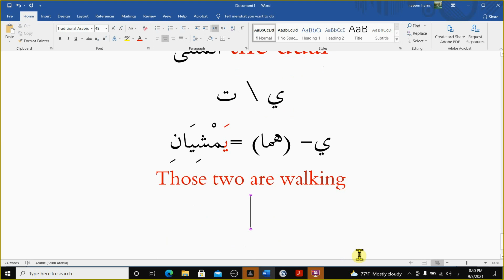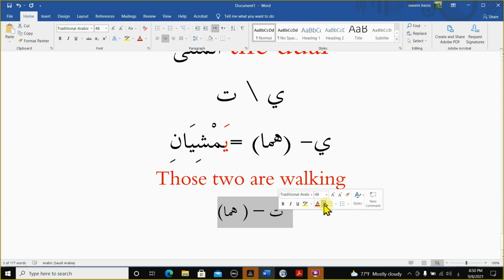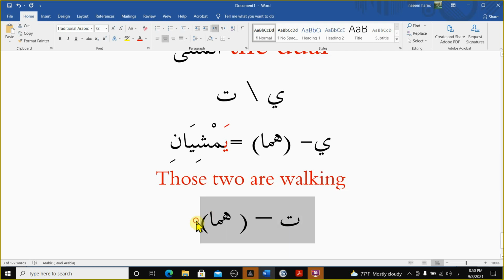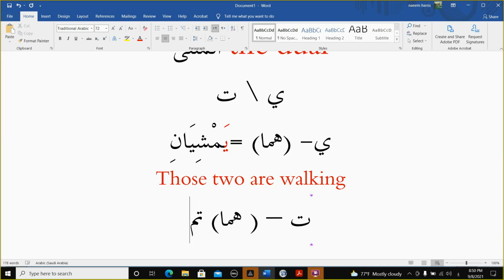Alright, then lastly we have the ta. The ta represents those two women. Huma, which is also huma, becomes tamshiyani. Those two women are walking.